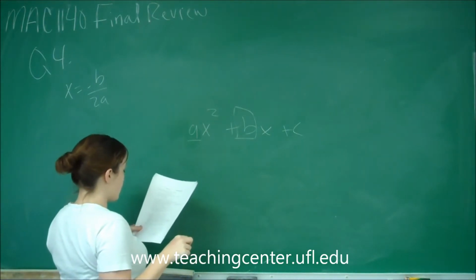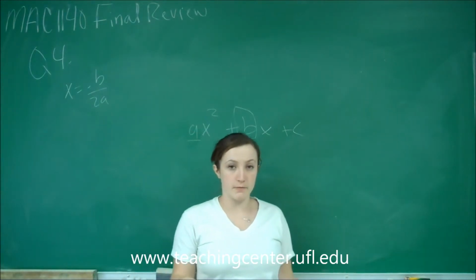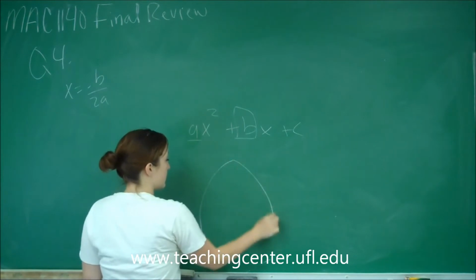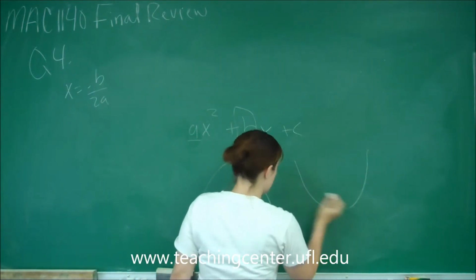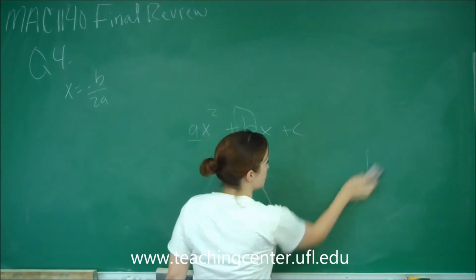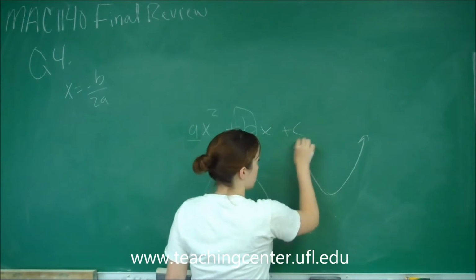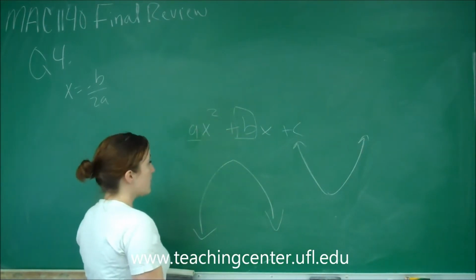And then part A asks us, how is the vertex of the parabola and its maximum and minimum related? So, we know that we'll either have a parabola that looks something like this, or one that looks like that. These are two general forms of parabolas.